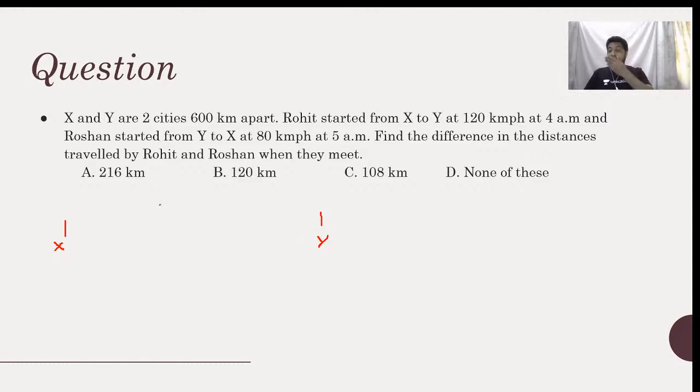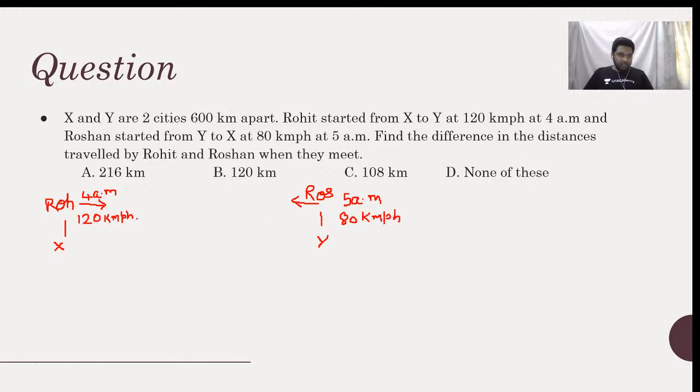See, this fellow Rohit started at 4 a.m. at a speed of 120 kilometers per hour. And from here, Roshan started at 5 a.m. at a speed of 80 kilometers per hour.